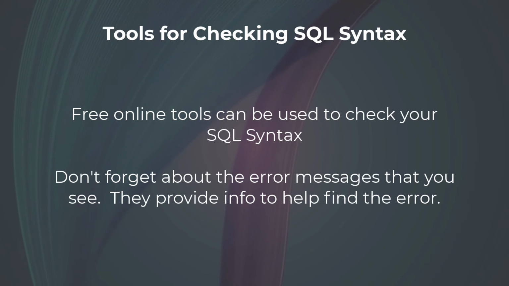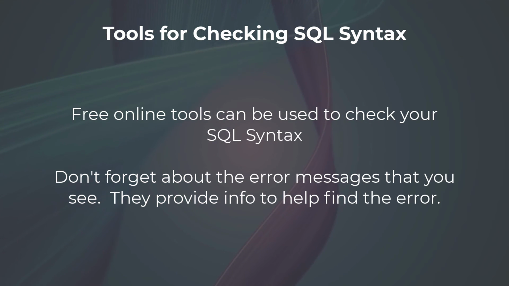There are free online MySQL syntax checking tools that can help to identify issues with your code. You can often take an entire query and dump it into an online checker, and it will identify the problems for you. Also, remember that the MySQL errors themselves can often point out where to find the problem.